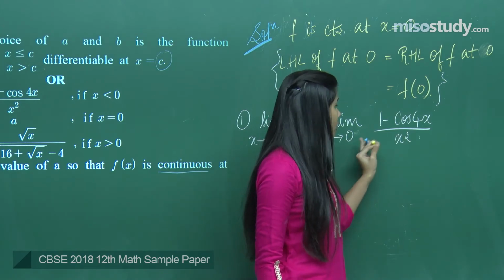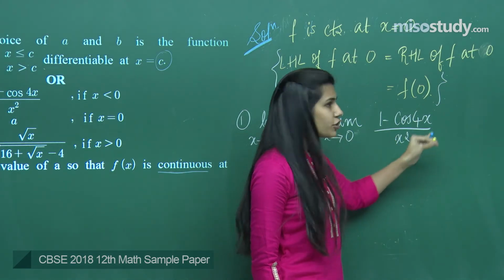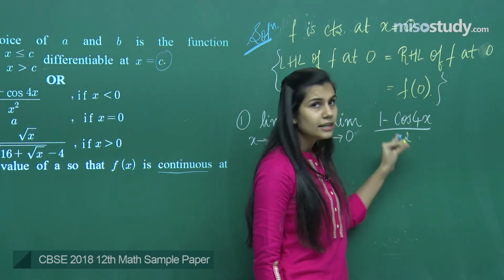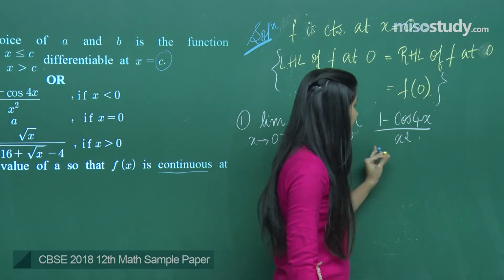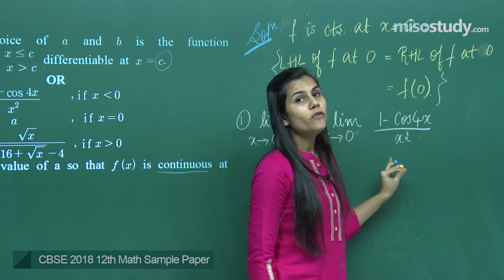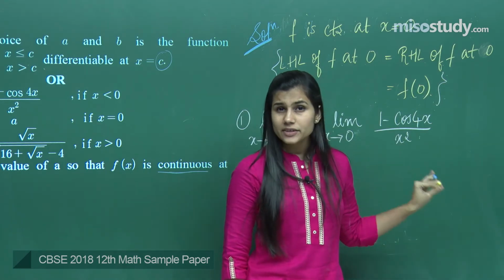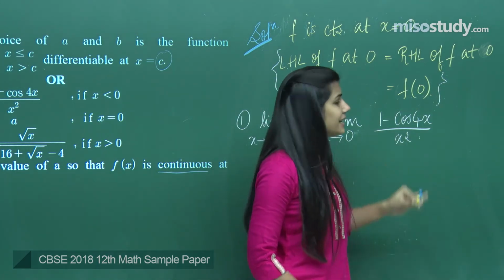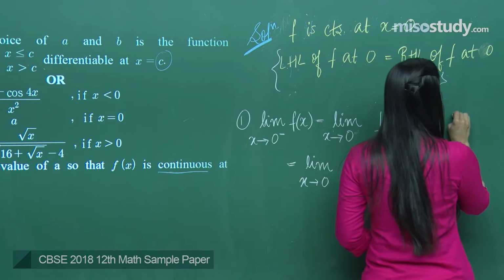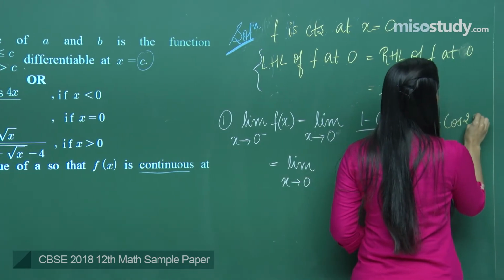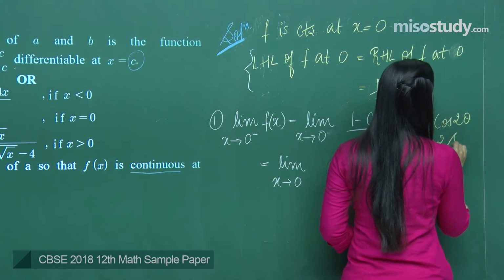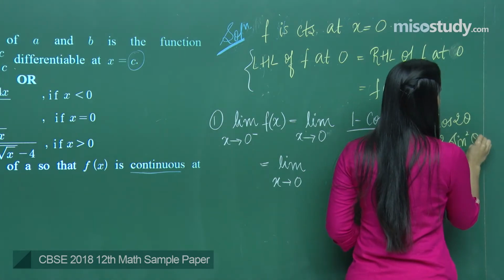Right now I cannot plug in the value of x equals 0. You cannot do that over here. You're going to get an undefined term. So somehow we need to simplify it. Over here one formula is directly evident to be used. 1 minus cos 2 theta is 2 sine square theta.